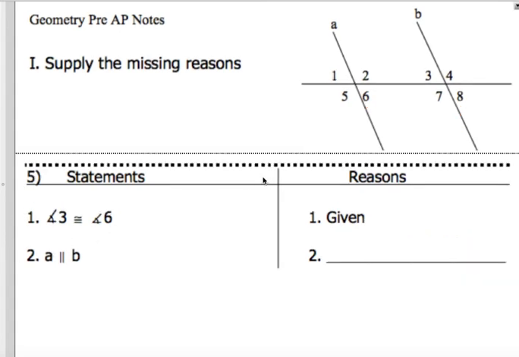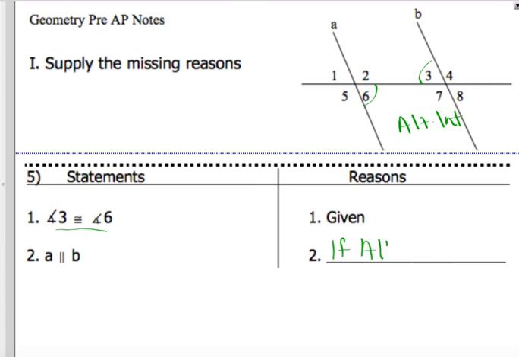On number 5 here, again, we're beginning with the angle pair. The angle pair is 3 and 6. They're telling us that angles 3 and 6 are congruent. These are alternate interior angles. So if these alternate interior angles are congruent, then we can say that A is parallel to B. Again, remember we're starting with the angle pair, so we need to start the statement with the angle pair.